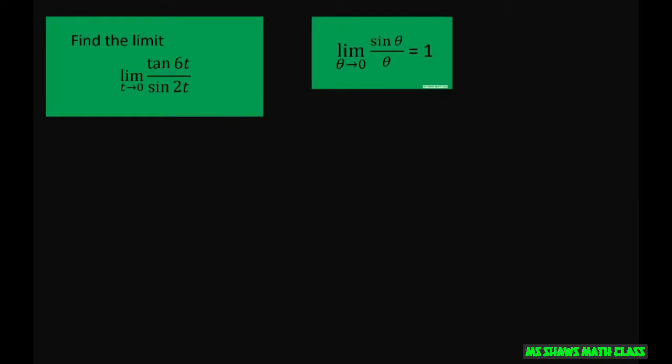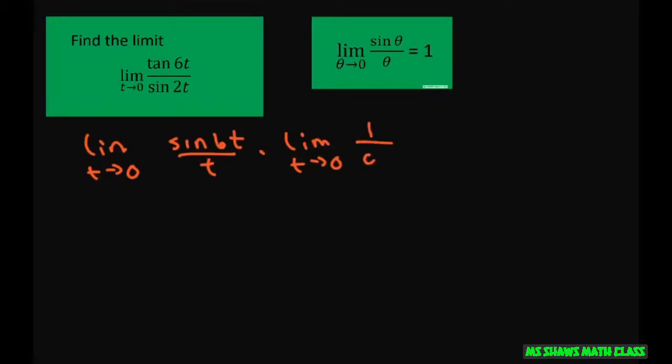Now let's break this up. So now we have the limit as t tends to 0 of sine of 6t divided by t, times the limit as t tends to 0 of 1 divided by cosine of 6t, times the limit as t tends to 0 of t divided by sine of 2t.